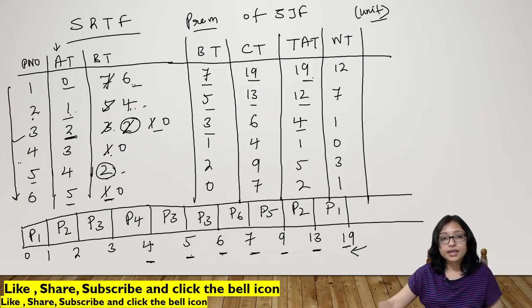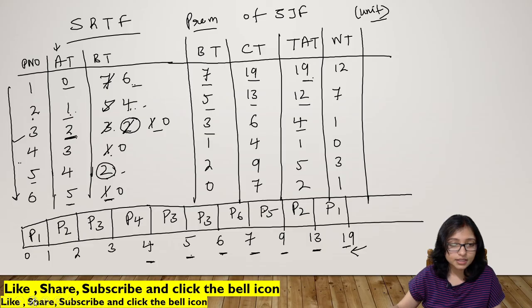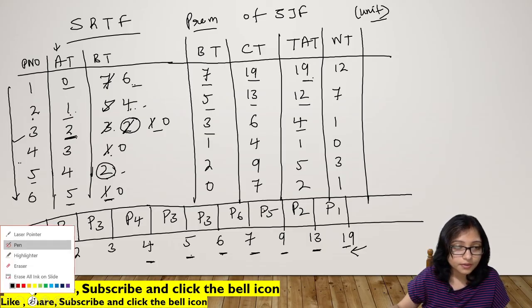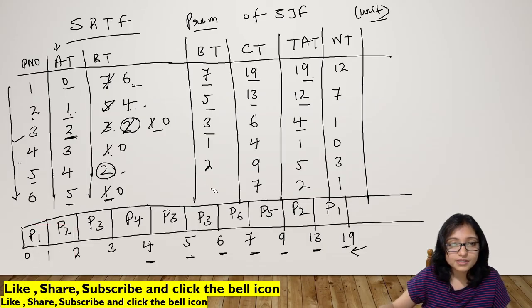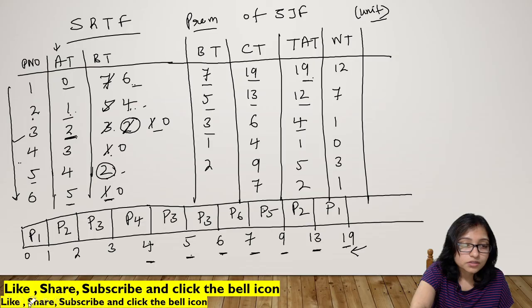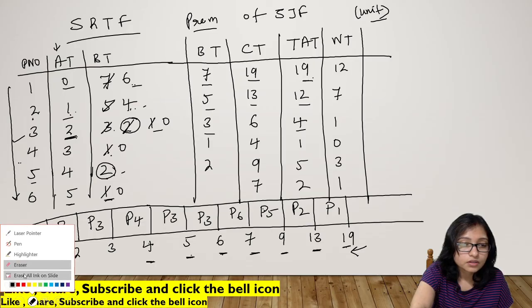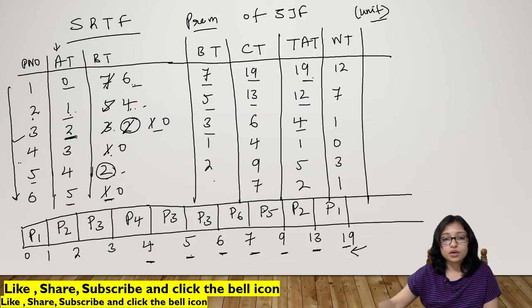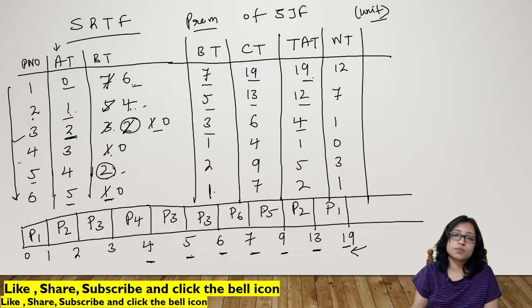Sorry, here the burst time was not 0, that was 1. So that's why 2 minus 1 is 1.